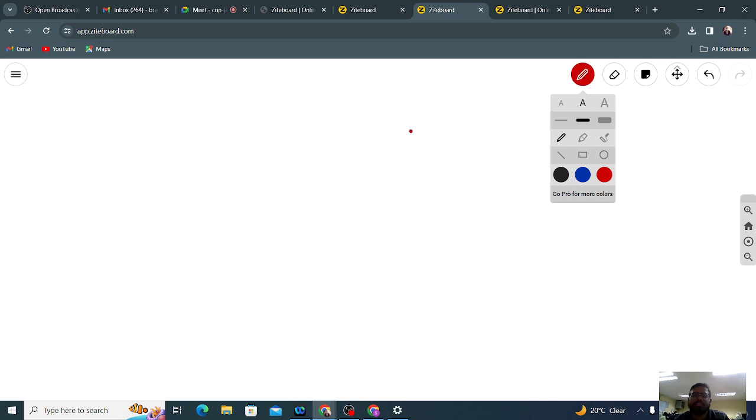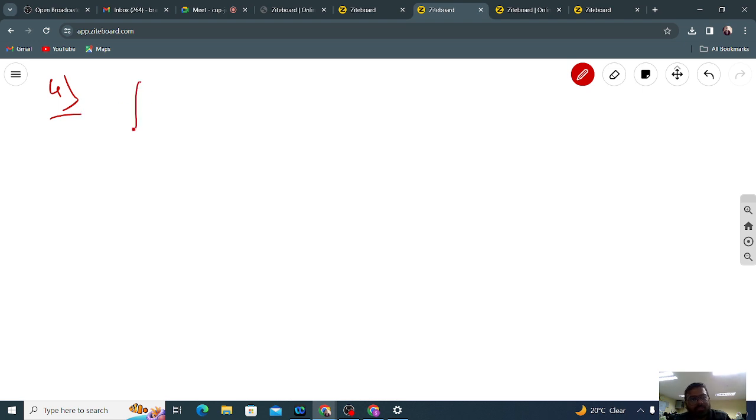Okay, the next question, number 4, is an easy question. You just have to do an integration and tell me what is the value of this integration: integral of 1 by 1 plus alpha squared d alpha.